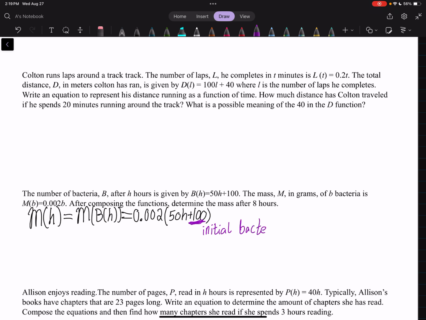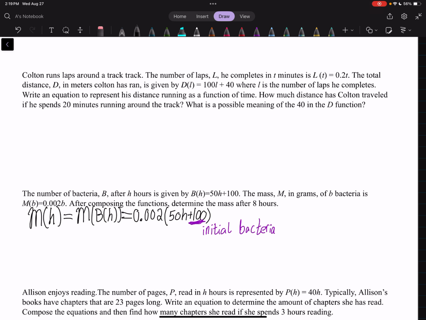You have to be able to know bacteria. Y'all, I'm a math major, not English. I'm pretty sure that's, oh, never mind, it's spelled right there. It is correct. That is the initial bacteria. You have to be able to know how to identify the real-life applications to these problems.